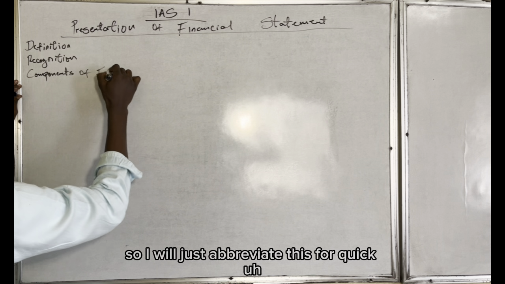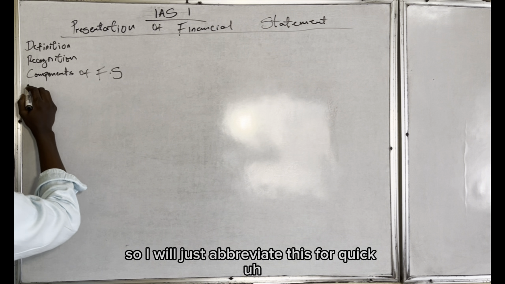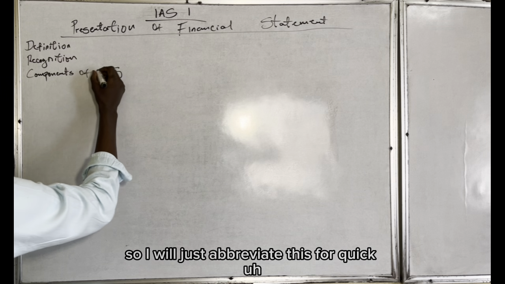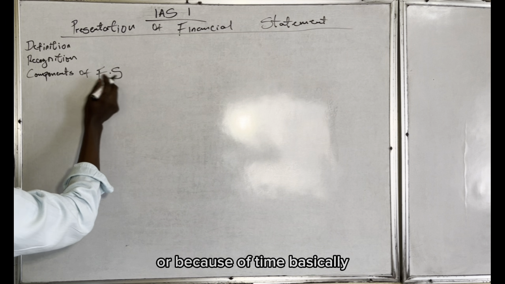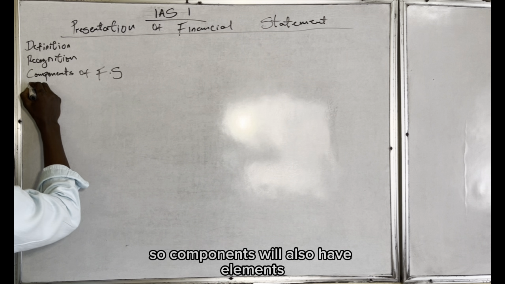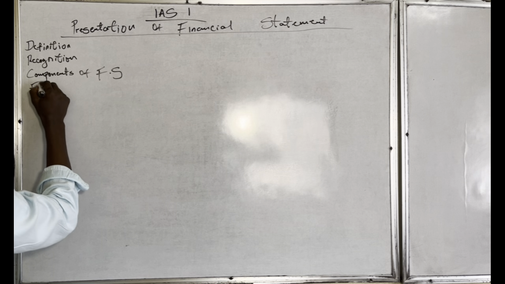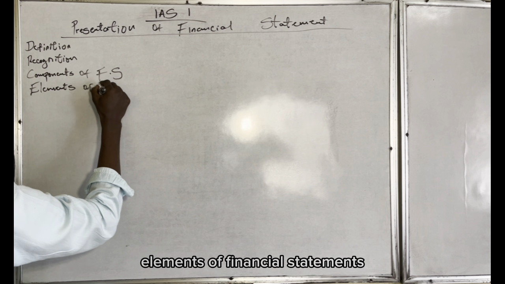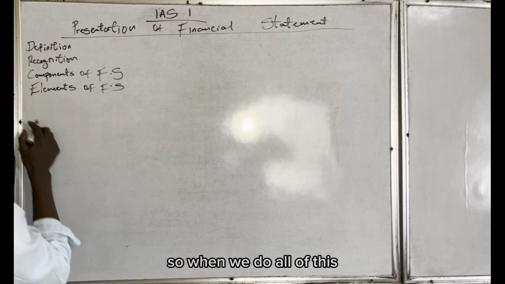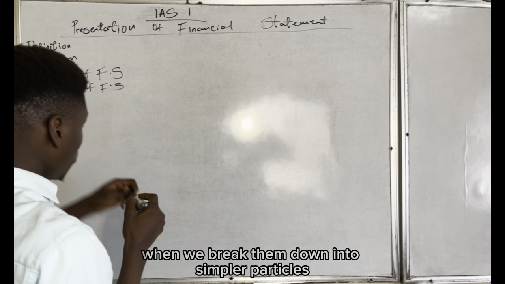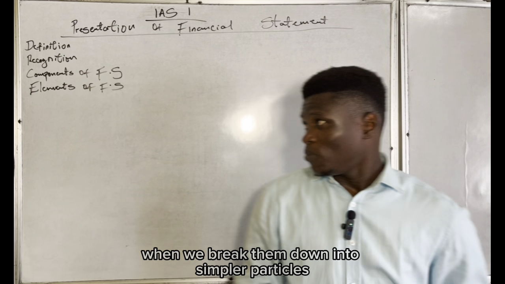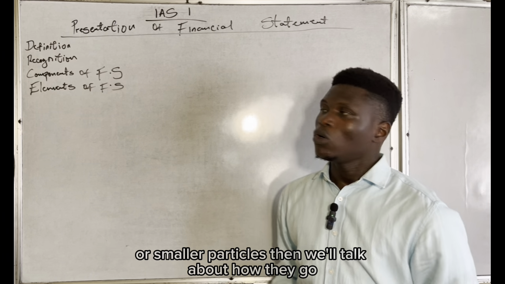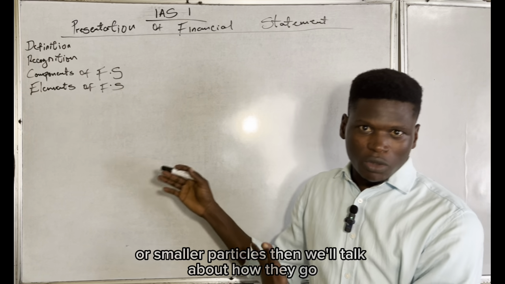So I'll just abbreviate this for quick, because of time basically. So components, we also have elements of financial statements. So when we do all of this, when we break them down into simpler, smaller particles, then we'll talk about how they go.